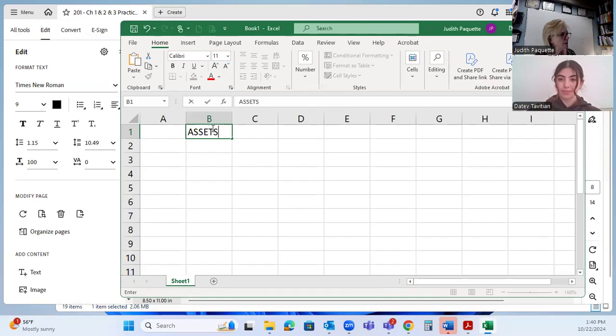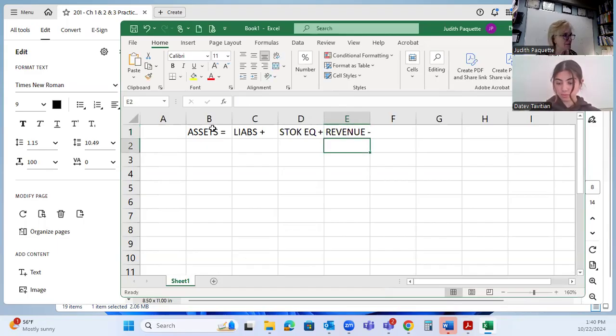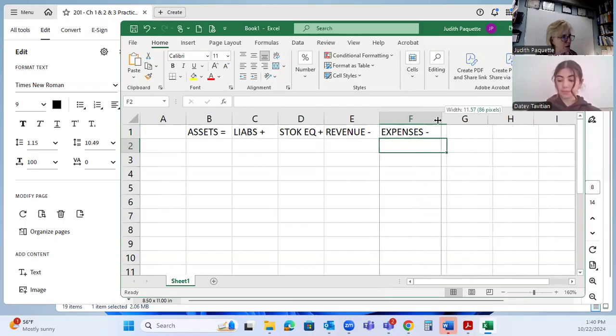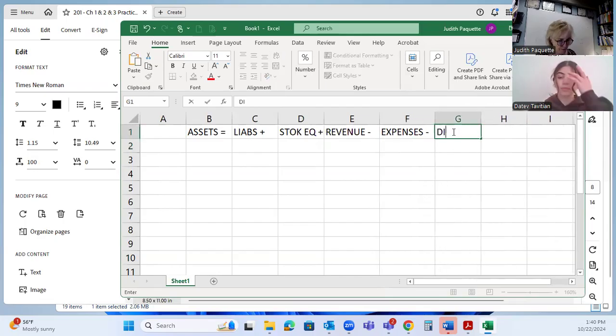Assets equals liabilities plus stockholders' equity plus revenue minus expenses minus dividends. Okay, so that's our accounting equation.